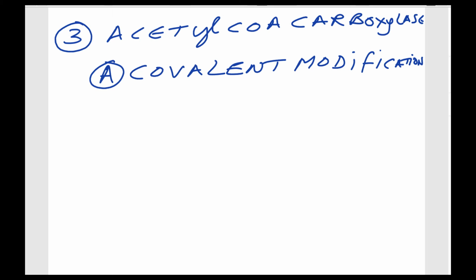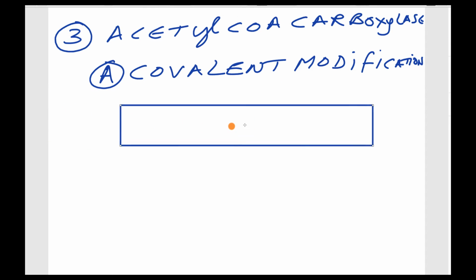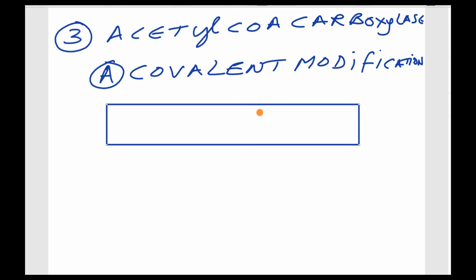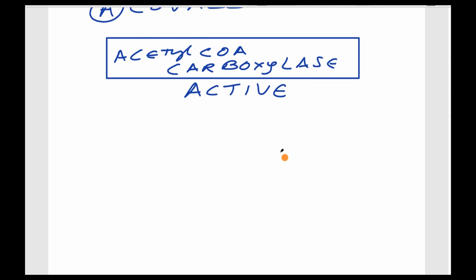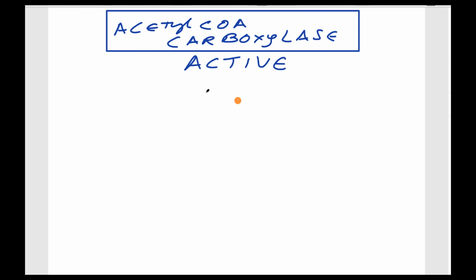Let us see here. This is acetyl coenzyme A carboxylase, the active enzyme. Covalent modification can be done by addition of a phosphate group.